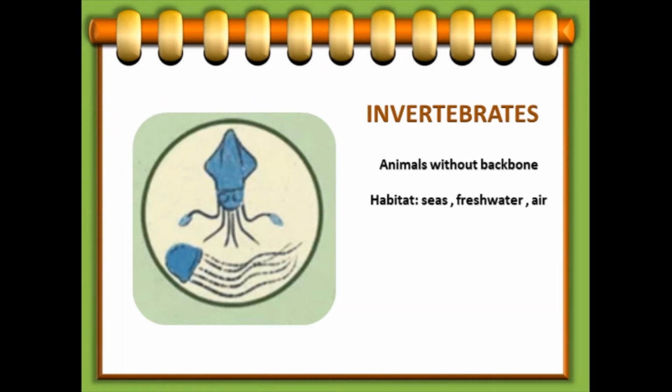The invertebrates' habitat is on seas, fresh water, and air. Invertebrates come in varied shape. The invertebrate shape is varied. It's different.